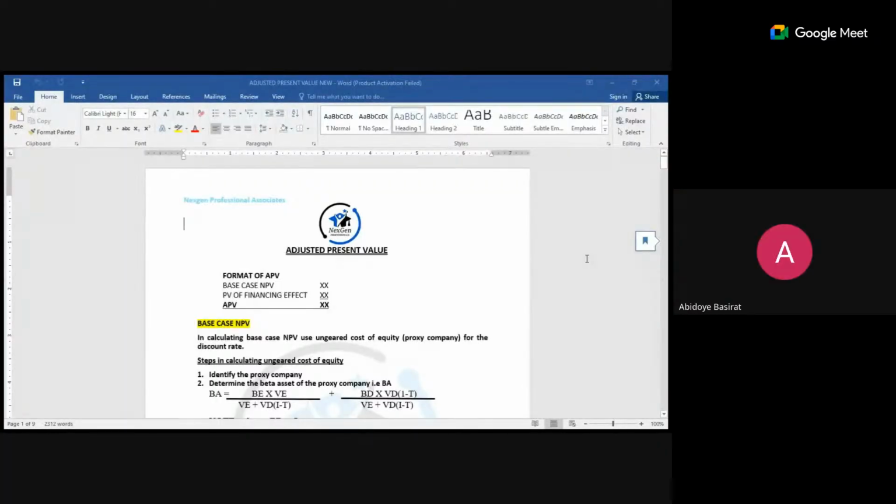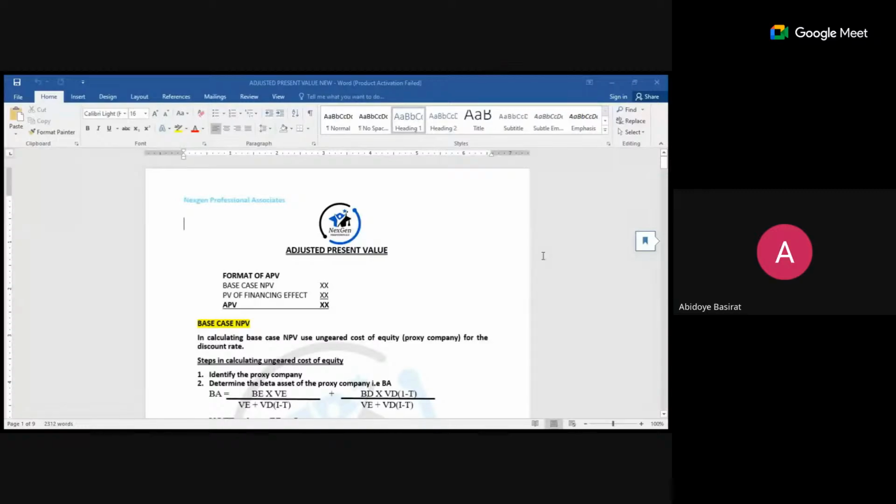Yes. Okay, we looked at adjusted present value. We said adjusted present value considers all relevant cash flow, unlike the normal NPV that we used to do. The format is that we first calculate the base case NPV, which is similar to the normal net present value that we used to do.